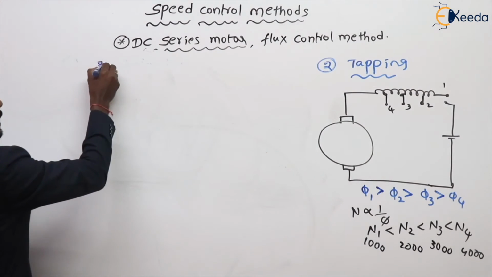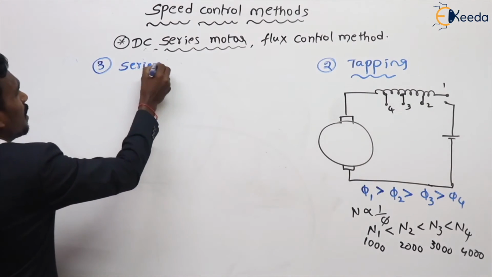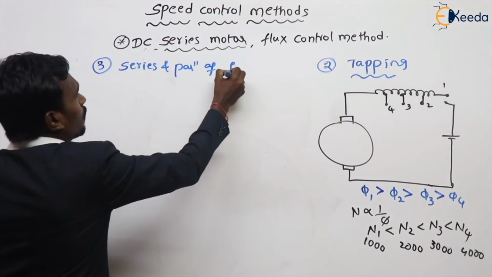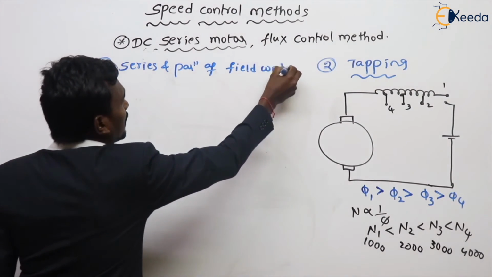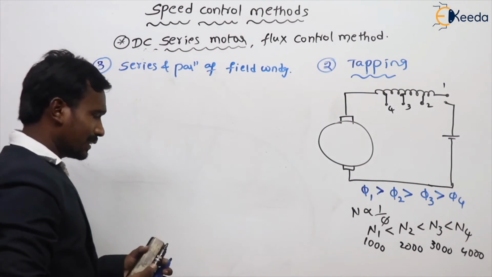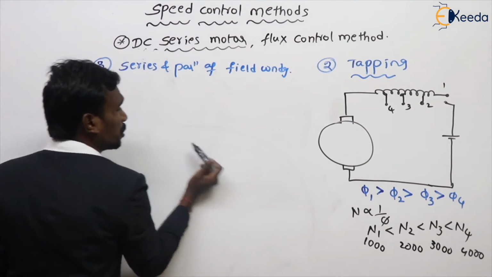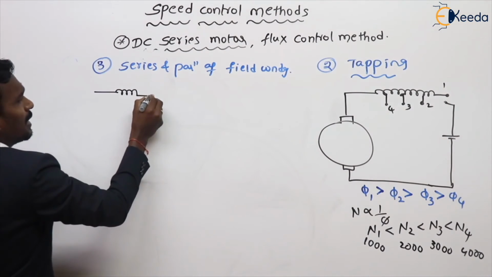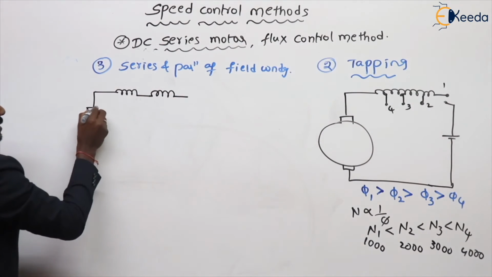A third one is series parallel of field winding. Let's check it. For example, the total field winding is divided into two parts. Those two field winding parts are connected in series like this.